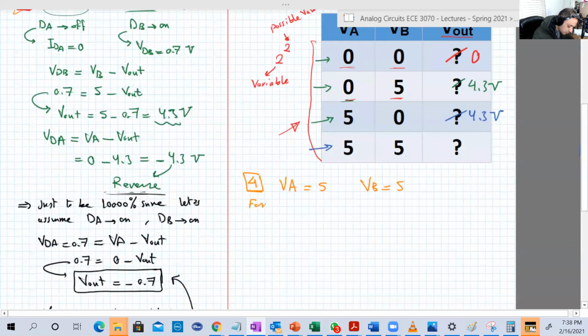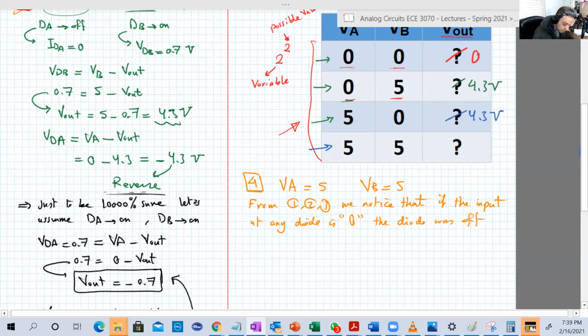From 1, 2, 3, we notice that if the input at any diode is 0, the diode was off.